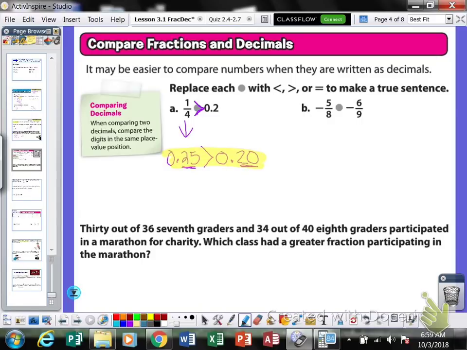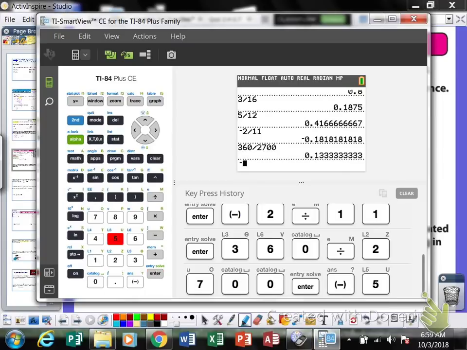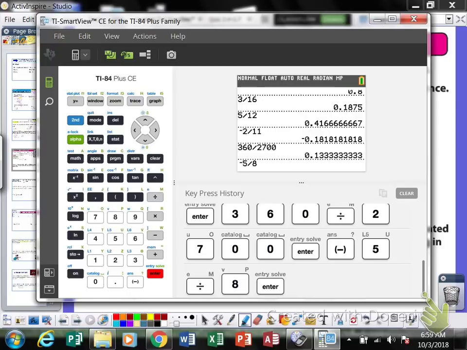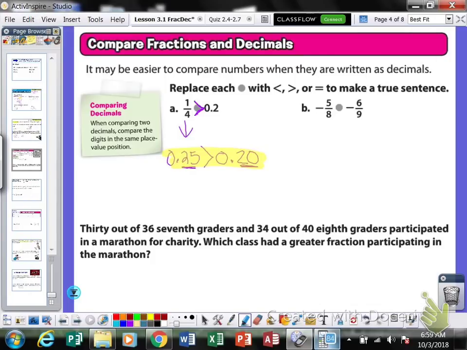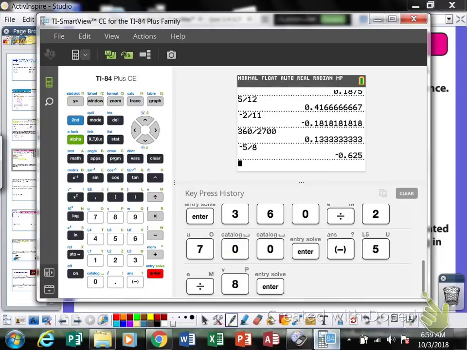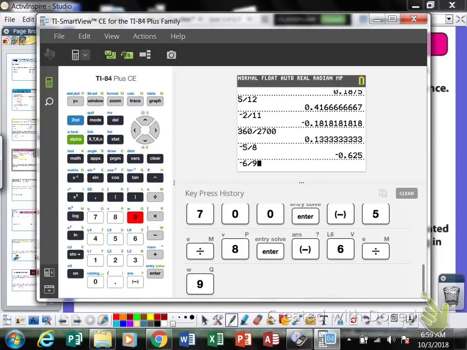All right, negative 5/8. So, negative 5 divided by 8 is negative 0.625. So, negative 0.625. And now negative 6/9. So, negative 6 divided by 9.